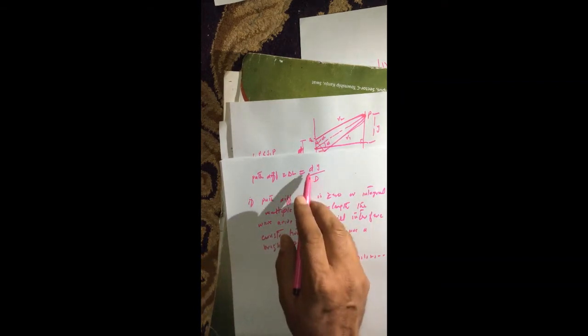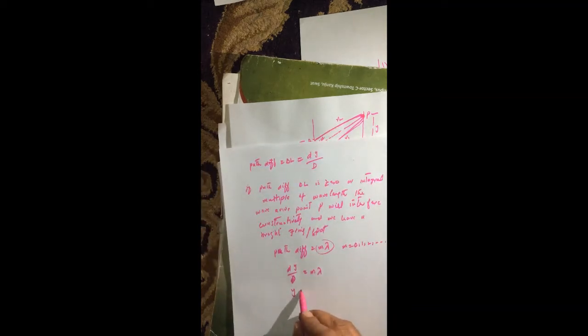So for constructive interference, the path difference, whose value is dy over D, will be m lambda. From this I can calculate the value of y, which is m D lambda over d. This is the position of bright fringes.